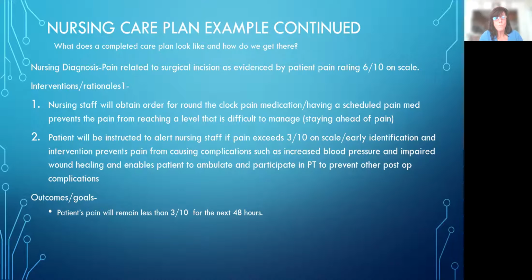So what's our goal? Patient's pain will remain less than 3 out of 10 for the next 48 hours. So when we go back and evaluate, did it work or did it not work? If the patient's pain remained less than 3 out of 10, yay. If it was several times in the next 48 hours, maybe a 5, yeah, so we didn't quite get there.